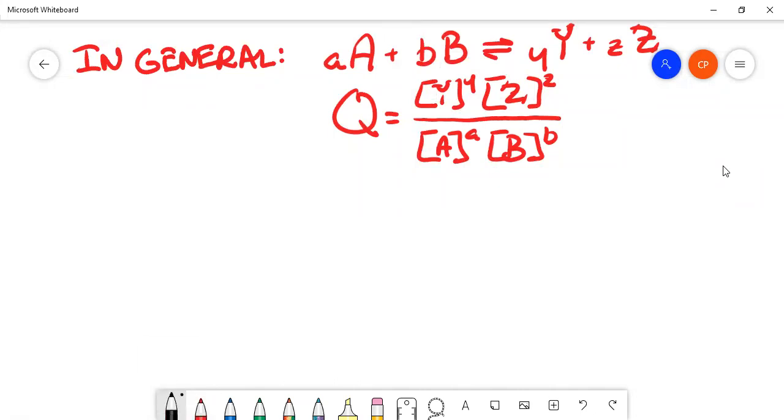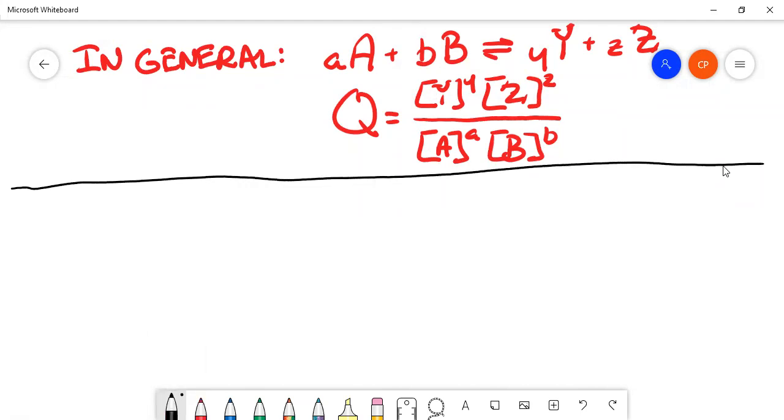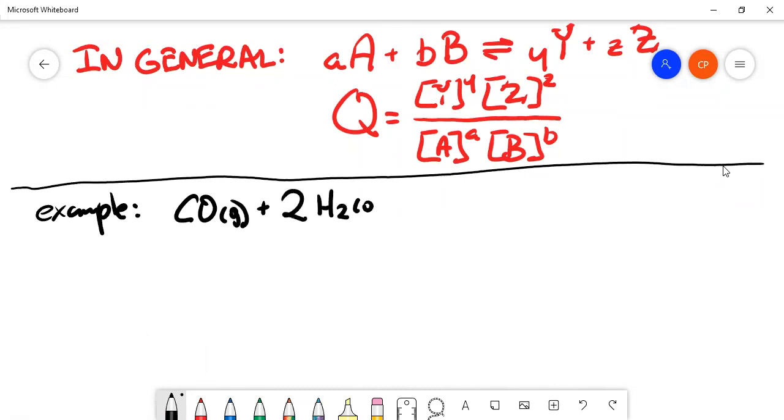Classic first example. Carbon monoxide reacts with hydrogen gas to form methanol.